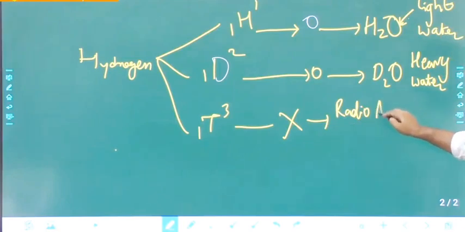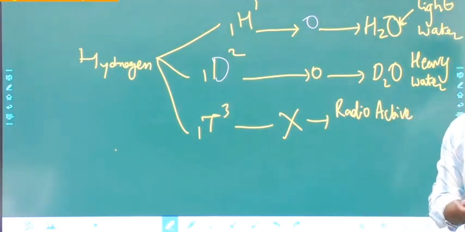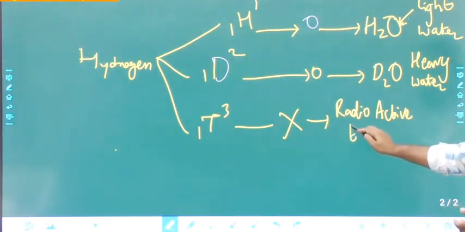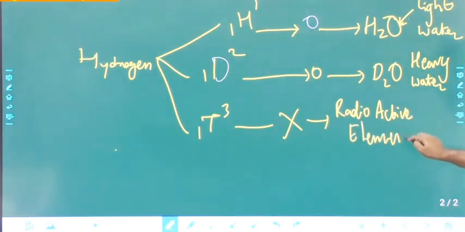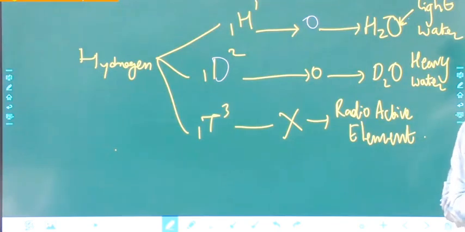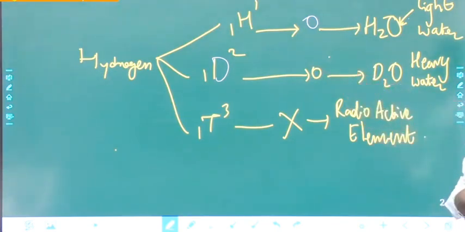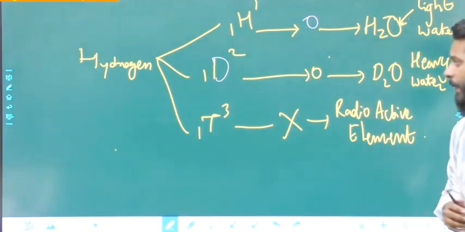It emits alpha rays and gamma rays that you might have studied earlier. We will discuss light water and heavy water when we discuss nuclear reactors, in which there are moderators and coolants, and their application there.